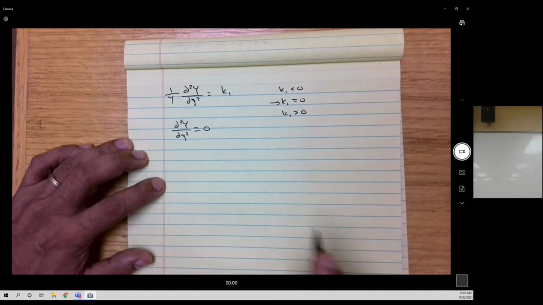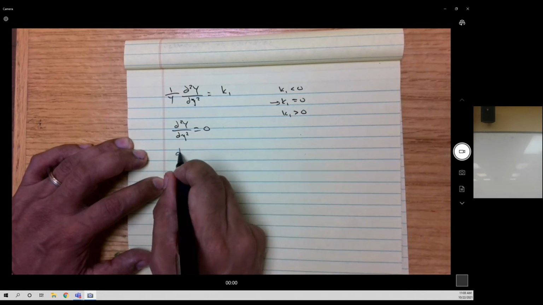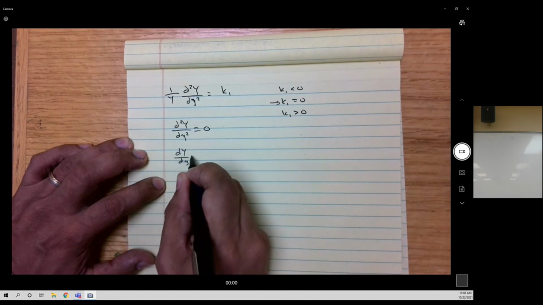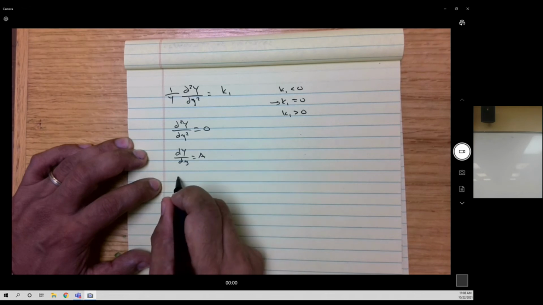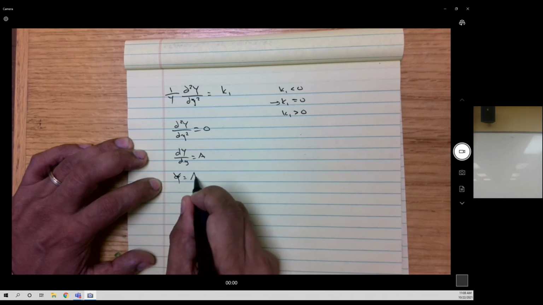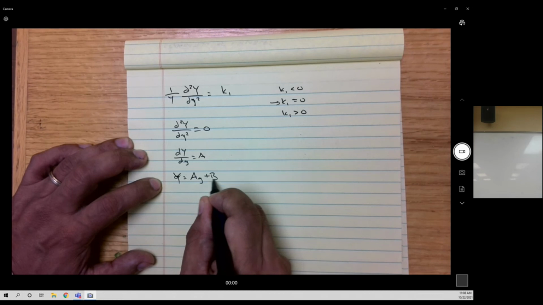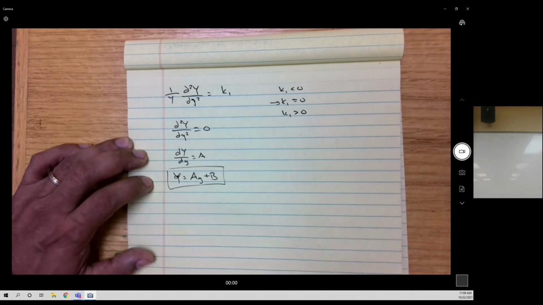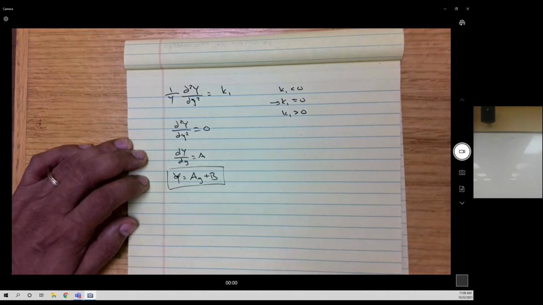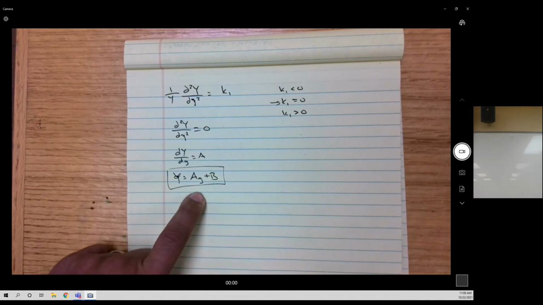I integrate once, and a second time, and I'm going to get Y of y equals ay plus b. Now, I have this form, and I'm going to look at my boundary conditions.